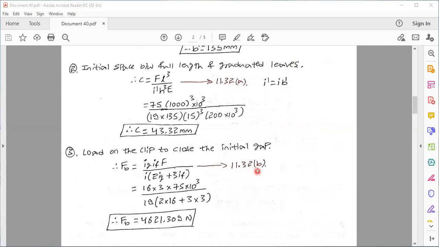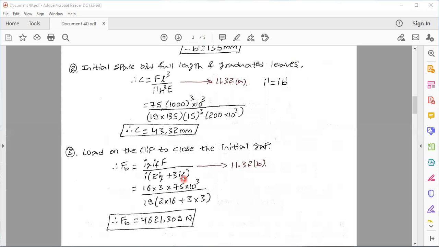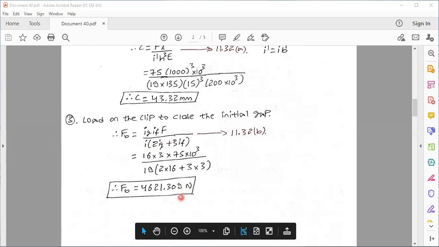from equation 11.32b. IG is number of graduated leaves, IF is number of full length leaves. Both are given, 16 and 3. Load is given, it is 75 into 10 raised to 3. I is total number of leaves, it is 19. 2 into number of graduated leaves, it is given 16. 3 into IF, number of full length leaves, it is 3. Substitute all the values.